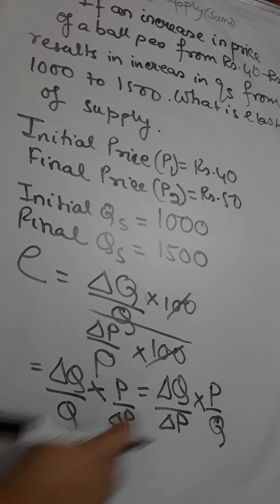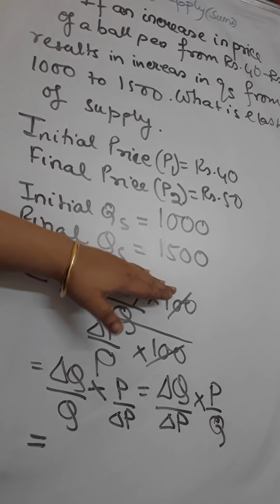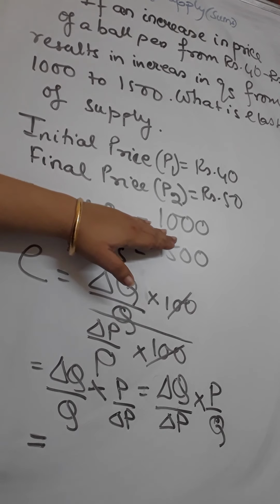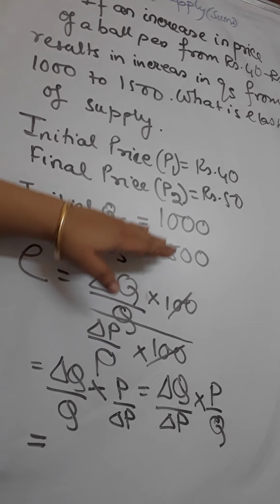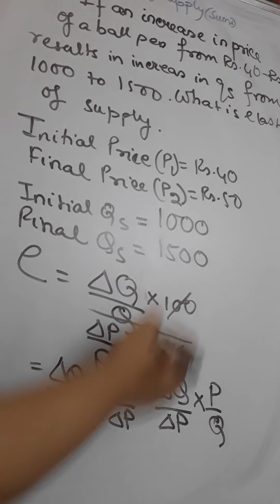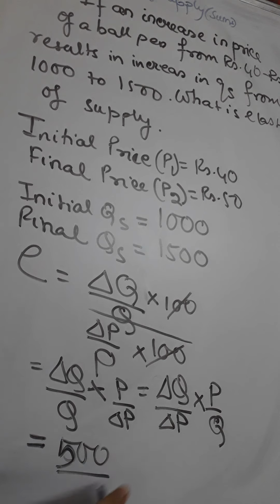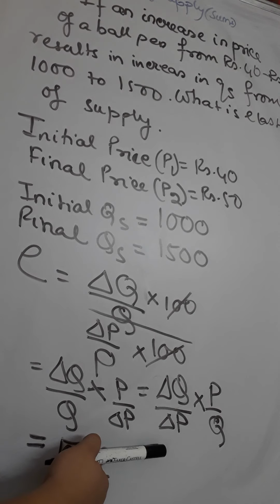Now, what is the change in the quantity? We can find the change by subtracting the initial quantity from the final quantity. The difference between final and initial gives the change. So 1500 minus 1000 is 500. So now we will just put the value, divided by the change in price.